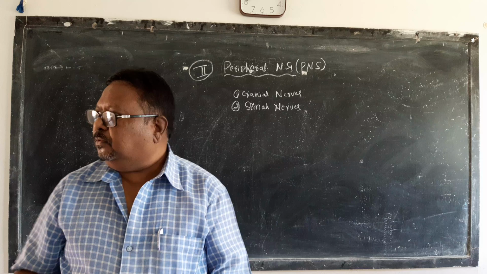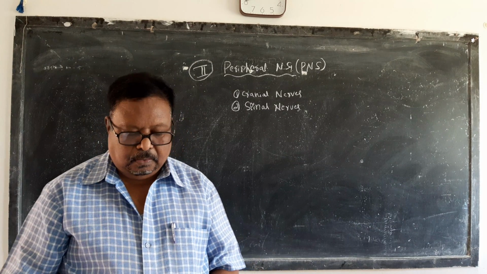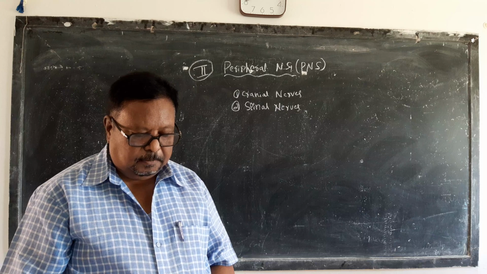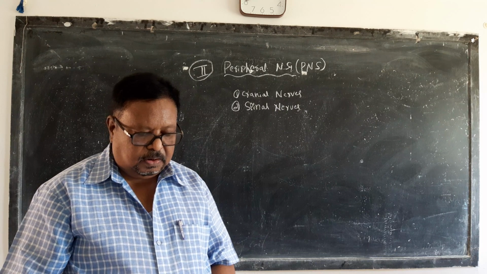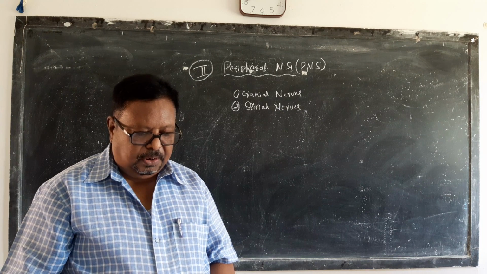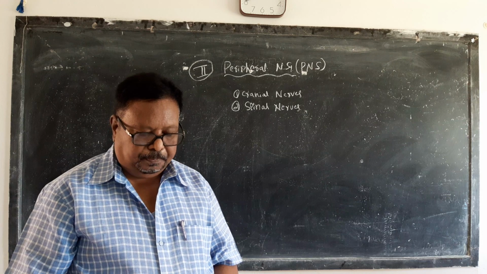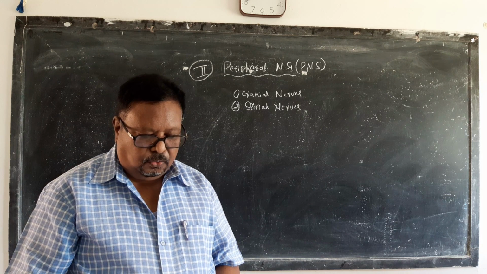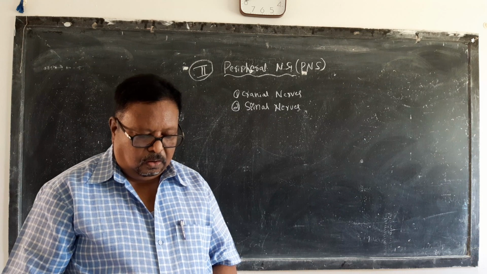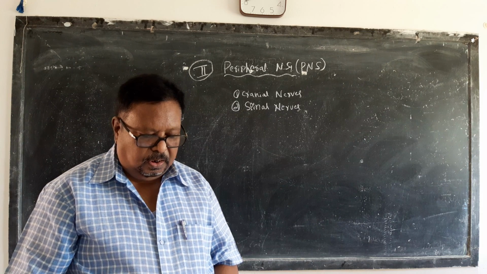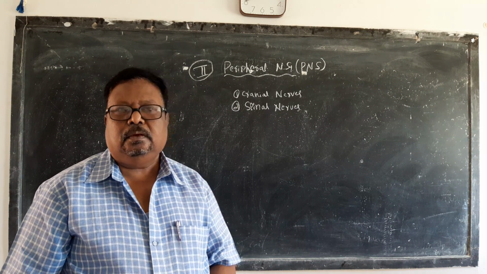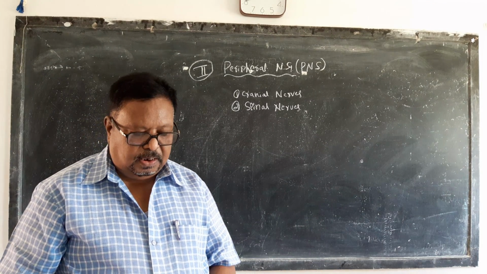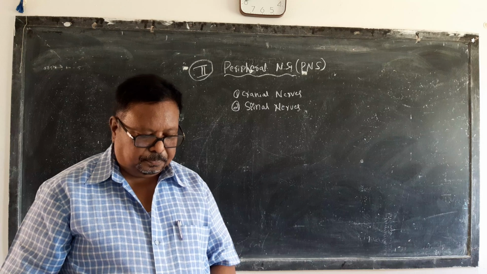They are called cranial nerves because they emerge through foramen or fissures of the cranium. They come out from the cranium, hence they are called cranial nerves.